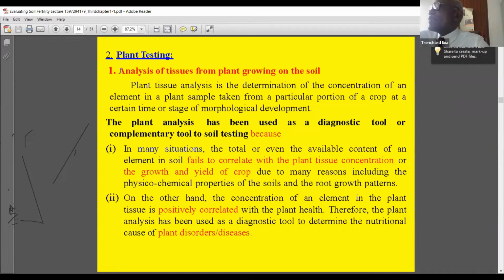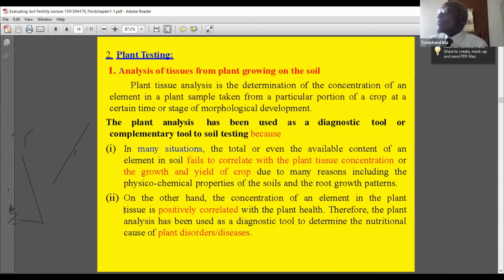The plant analysis has been used as a diagnostic tool or complementary tool to soil testing because in many situations, the total or even the available content of an element in a soil fails to correlate with the plant tissue concentration or the growth and yield of crop due to many reasons, including physicochemical properties of the soils and the root growth patterns. So while you do soil analysis and you want to do that alone, you can complement that with plant testing procedures.